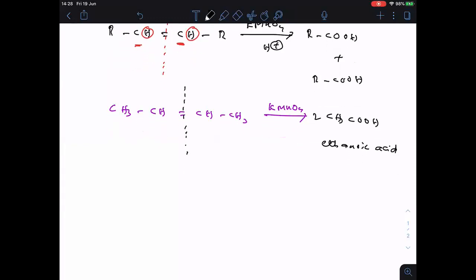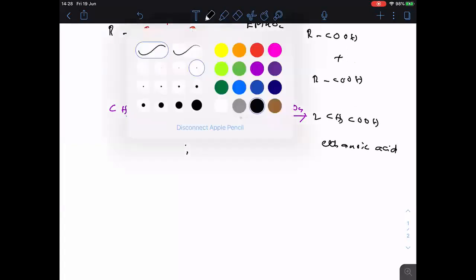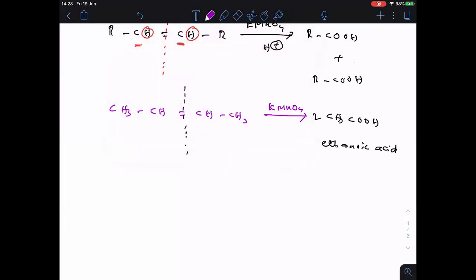Followed. Now here let me take one more example in a similar way. For example, CH3C(CH3) double bonded CH2 when undergoing oxidation with KMnO4.